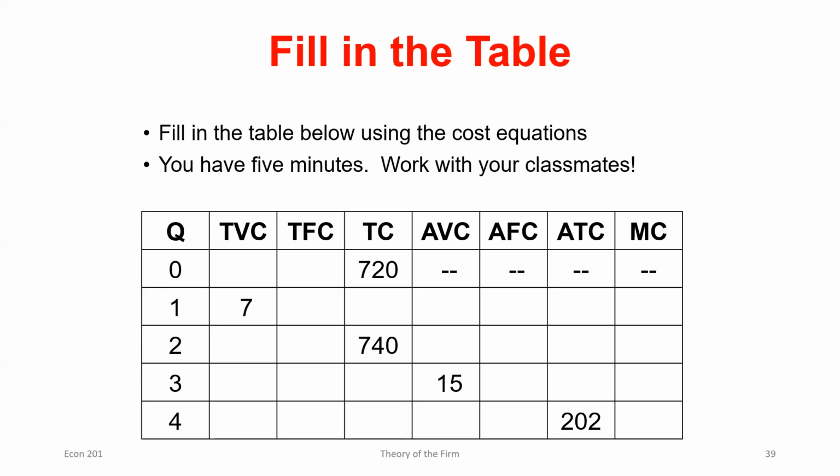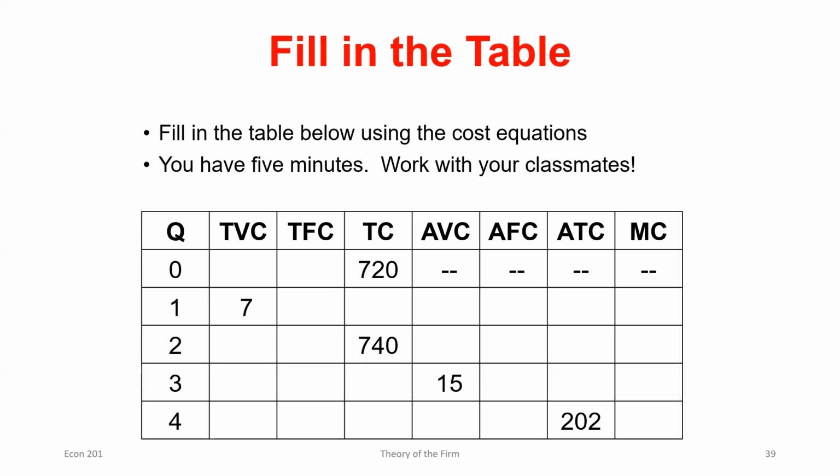Right here. So my average variable costs are just my total variable cost divided by the quantity. With a quantity of 1, it makes it pretty easy. 7 over 1, sorry, 7 over 1 is 7.